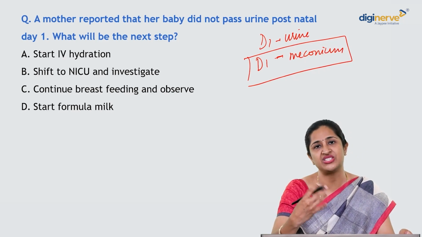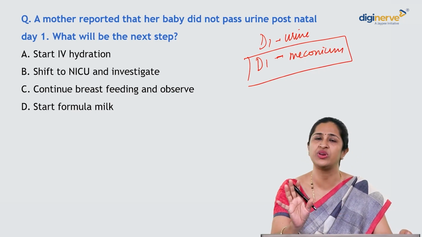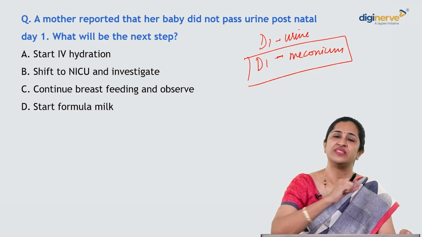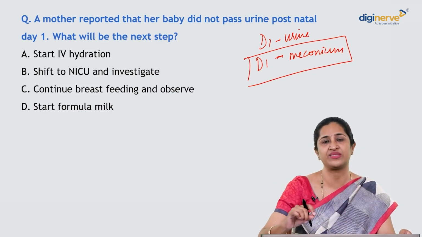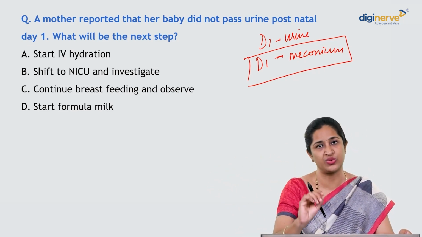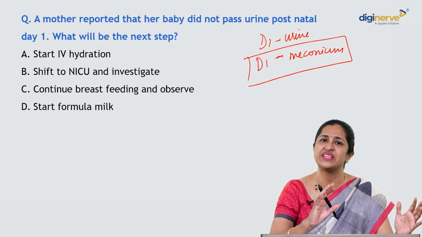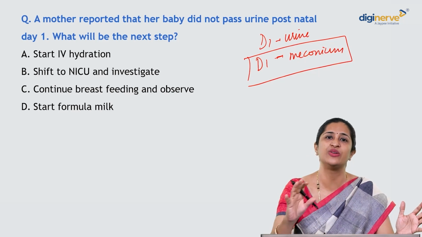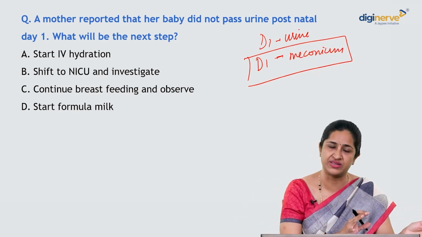That means that the child has already passed enough urine, the kidney is functioning, and the urinary tract, the ureters, the bladder, the urethra, all are completely patent. That is why liquor was adequate. And that means there has been no major obstruction or no major problem in the kidney urinary tract before birth.